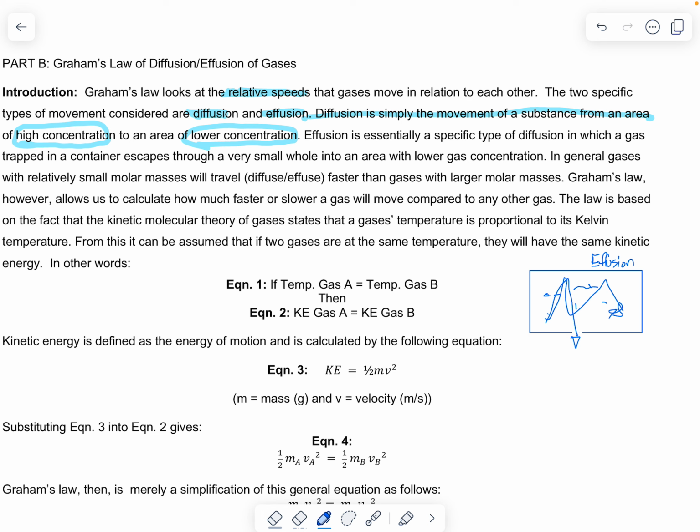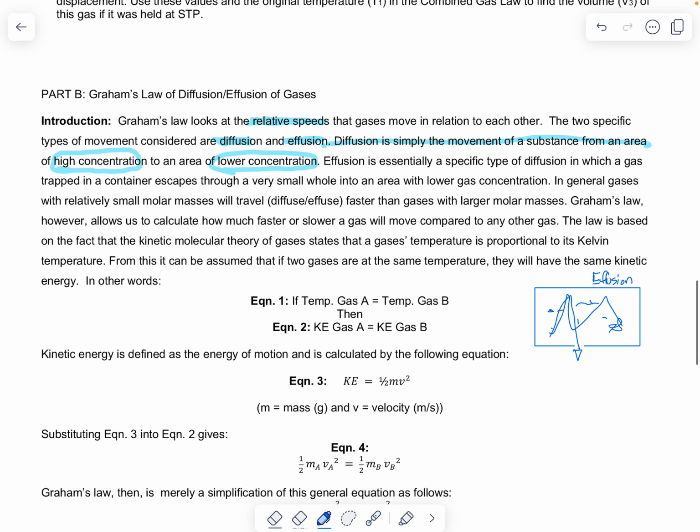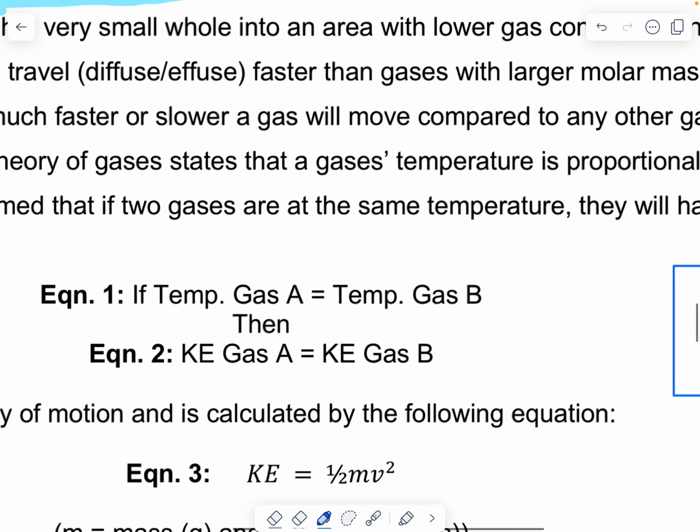So then let's get into the meat and potatoes here of what Graham's law of diffusion and effusion actually says. First, we're going to look at this from a qualitative understanding. And there's a little bit of math here, so hold on. If we have two gases at the same temperature, earlier this year, we talked about how temperature is a measurement of movement, okay?